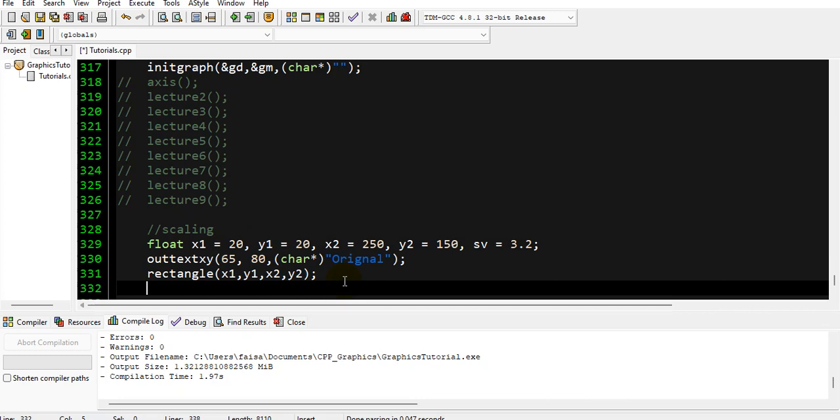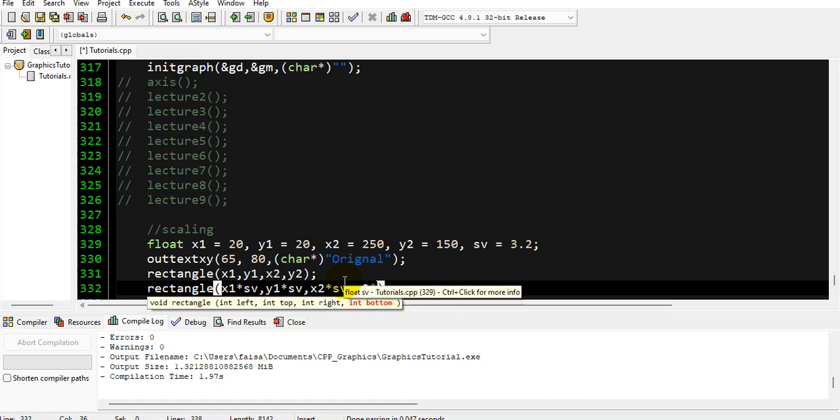So I am going to draw another rectangle, and x1 into scaling value, then y1 into scaling value, then x2 into scaling value, and y2 into scaling value, right?